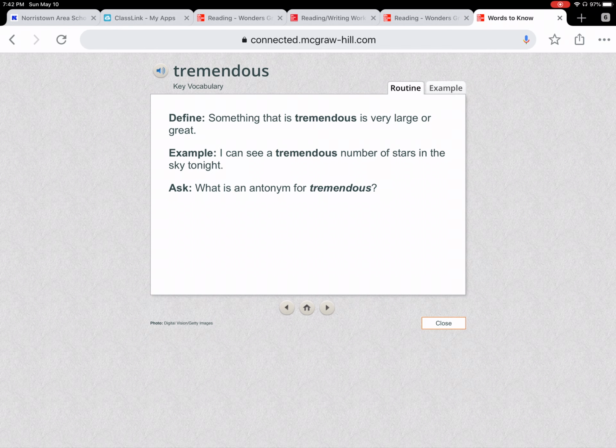I can see a tremendous number of stars in the sky tonight. So that would be a very large number of stars. A large amount. What's an antonym for tremendous? So if tremendous means very large, then what would the opposite of that be?